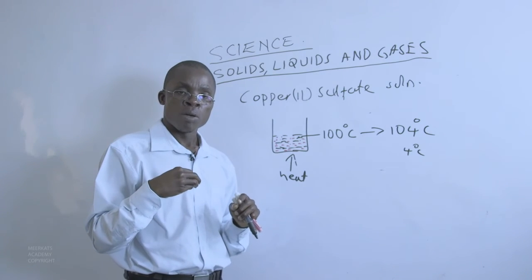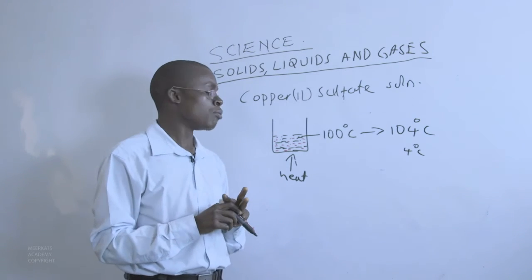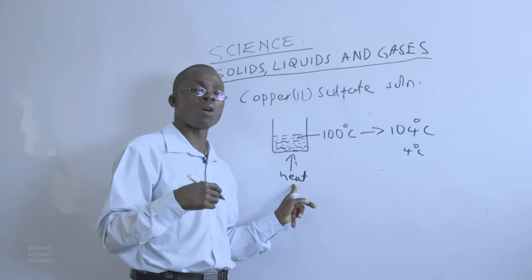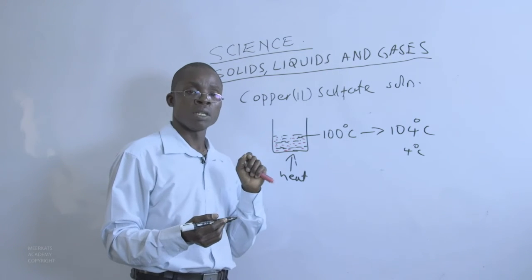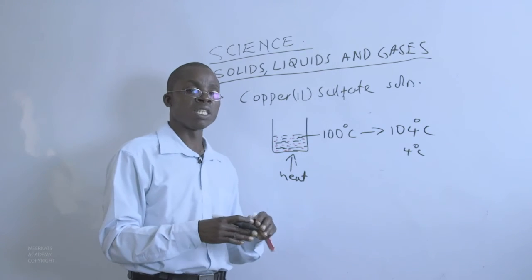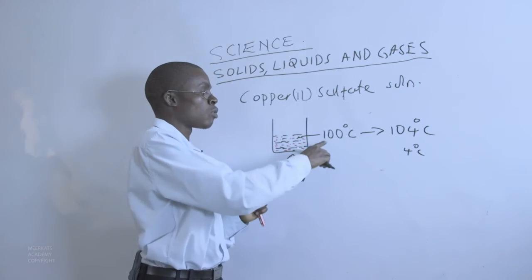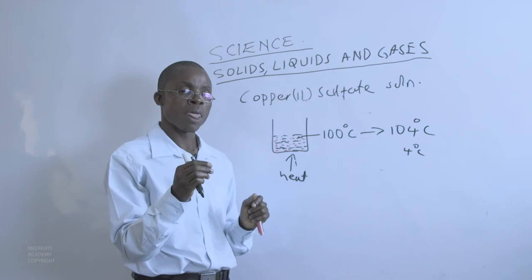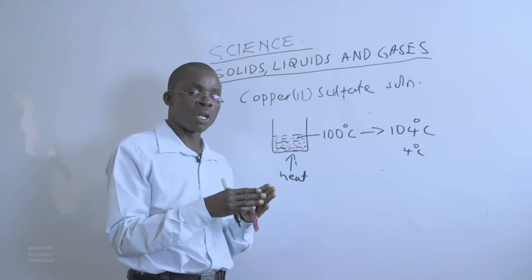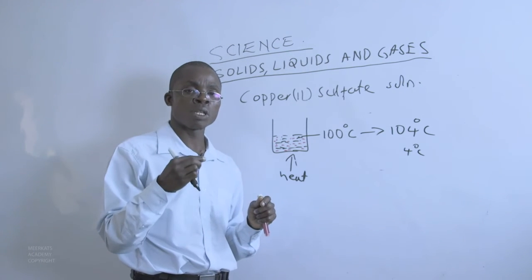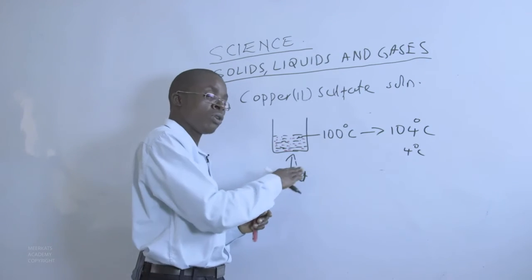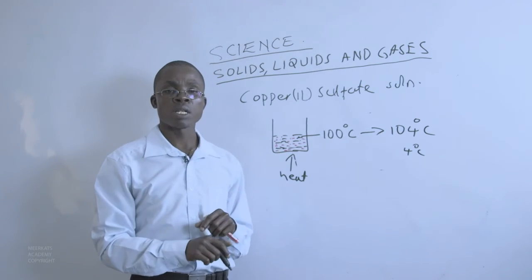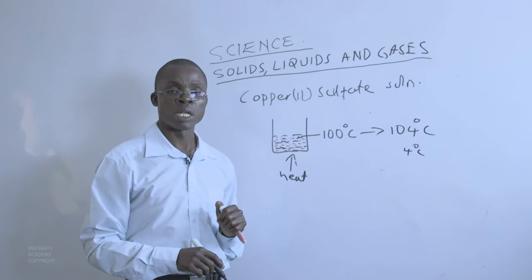So more energy has to be put in so that it can also be accommodated in the heating. So in general, you have to have the energy for the water and the energy of the foreign particle put together to give us the overall temperature at which the whole solution will have to boil, which is 104 degrees centigrade.